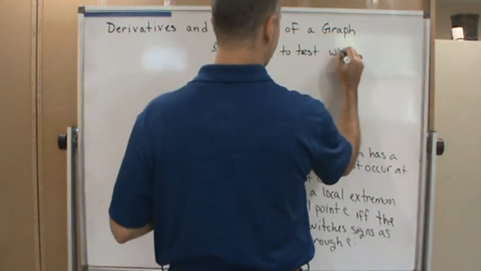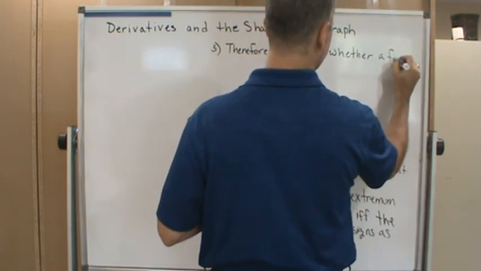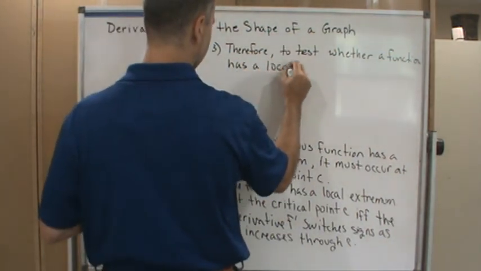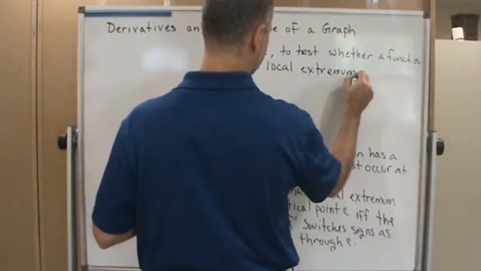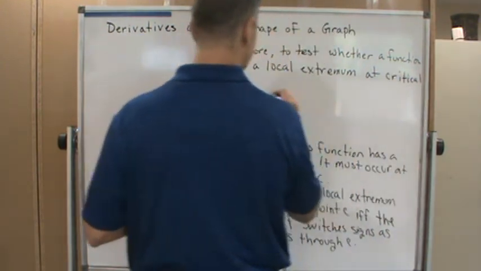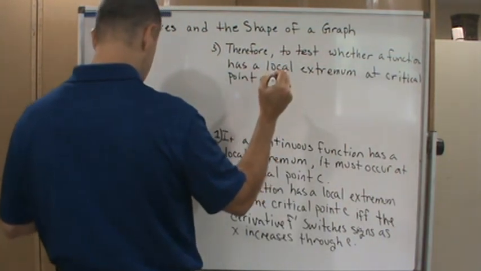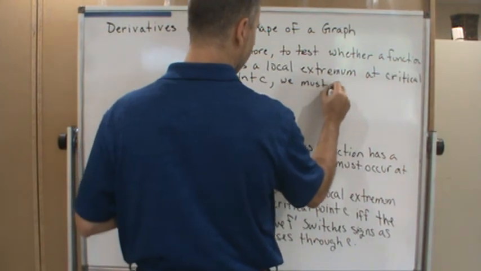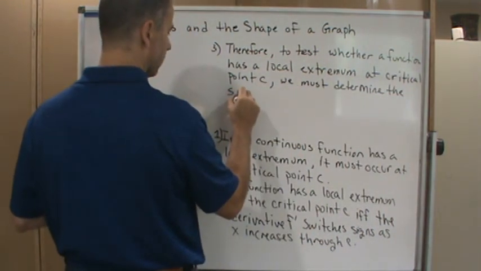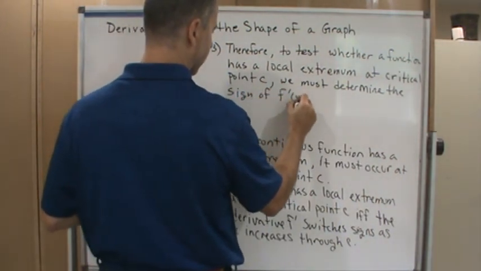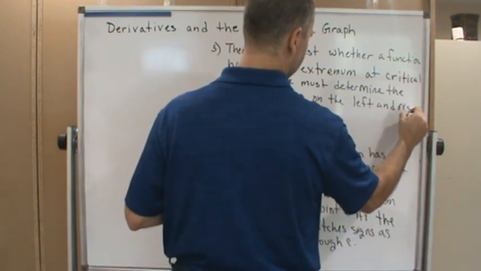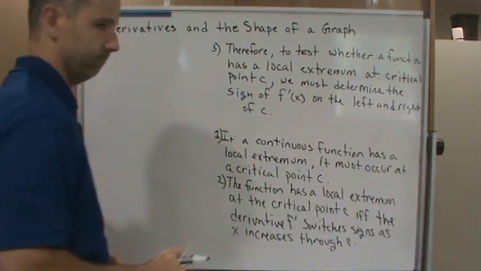To test whether a function has a local extremum at a critical point C, we must determine the sign of f prime of x on the left and right of C. And that's it.